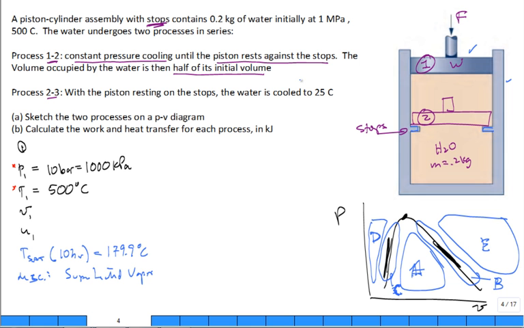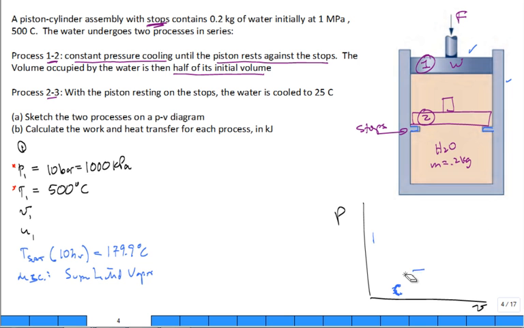Okay, now this is a little cluttered. And if you have your tables with you, can you get the other two values now for state 1? What is V1? 0.3541 meters cubed per kilogram.